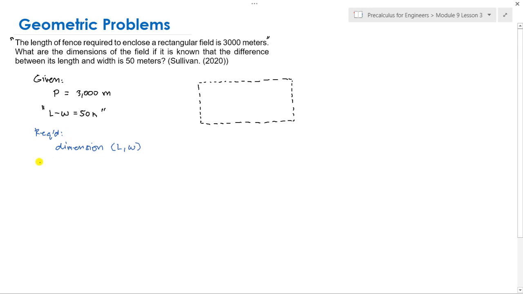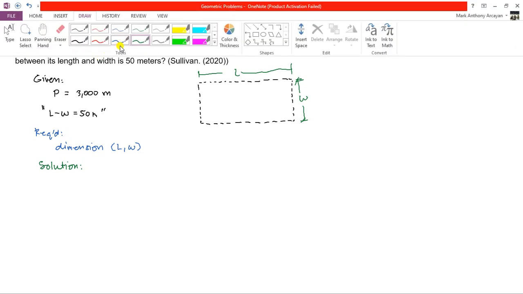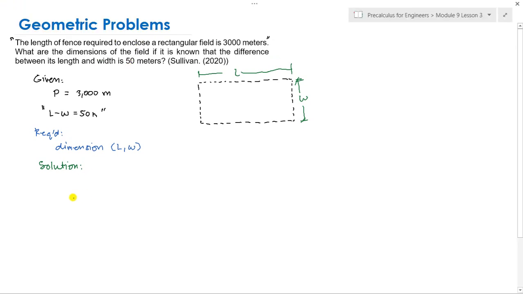Okay, so let's solve this problem. So we have here the longer side, the length, and the shorter side, the width. Okay, so here, solution ta. So first is for the perimeter. Again, unsa toy formula for perimeter?